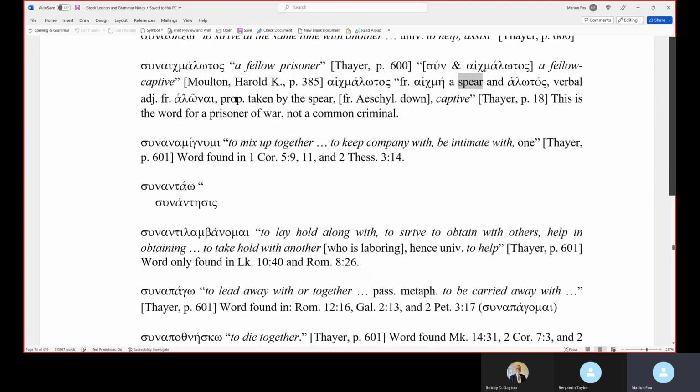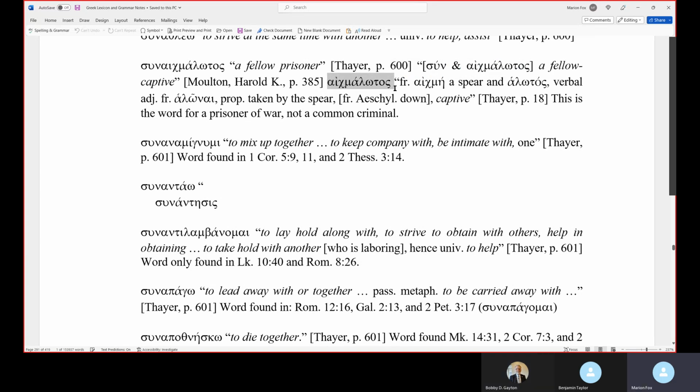Yeah, I think this is a fellow prisoner and a fellow captive. And Thayer tells us it's someone taken with a spear. And so this is a word for a prisoner of war, not a common criminal. Here's your different word. Does that help? This word here is a shortened form of it.